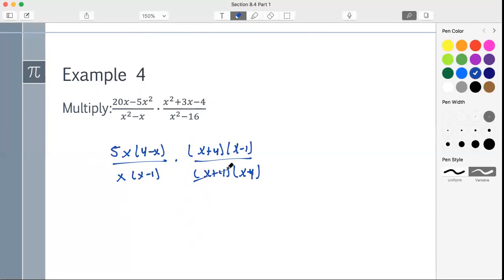All right, x plus 4 is canceled. X minus 1's cancel. X minus 4 and 4 minus x cancel. Notice they're almost the same, except this is the exact opposite. When you cancel something that's the exact opposite, you need to factor out a negative 1. And then x is canceled. And then notice the only thing that's left is negative 1 times 5. So that's how I get negative 5 as my answer.